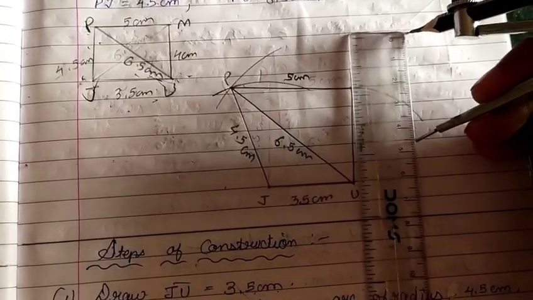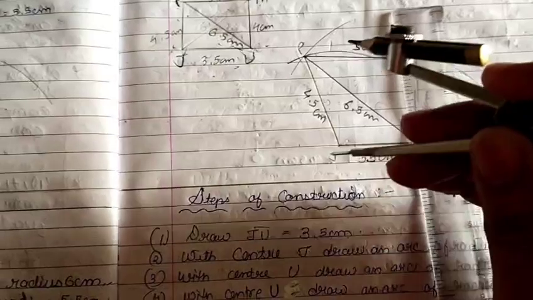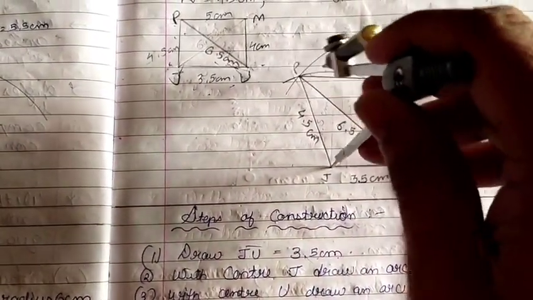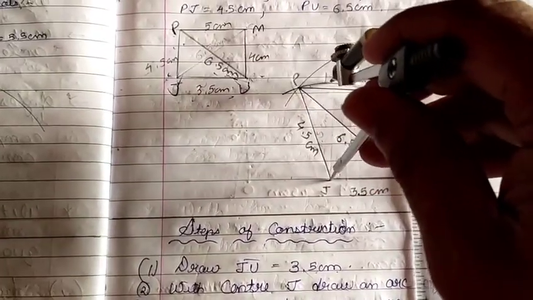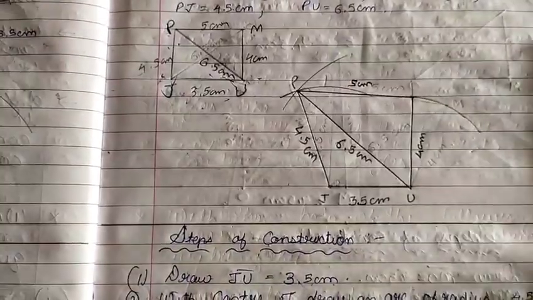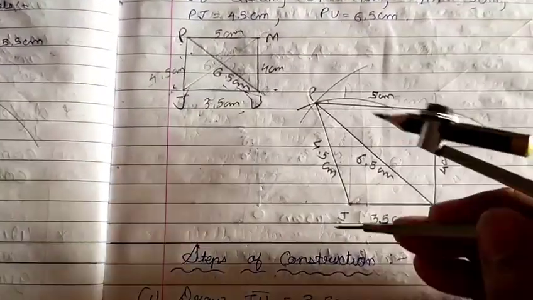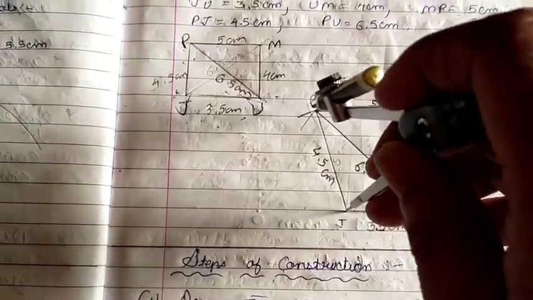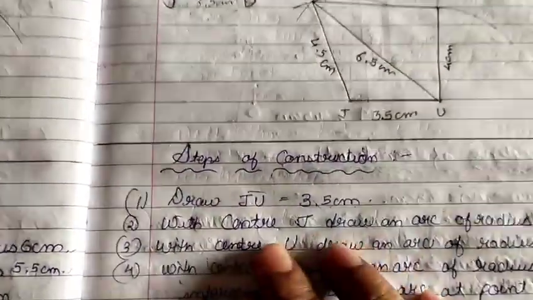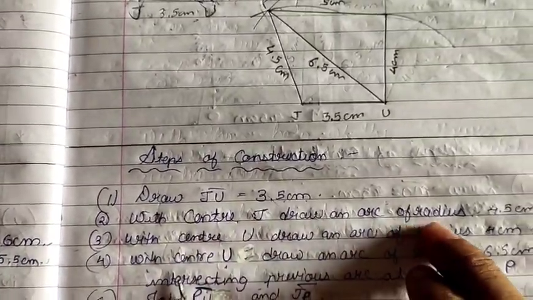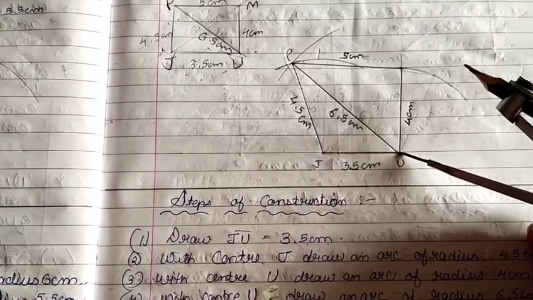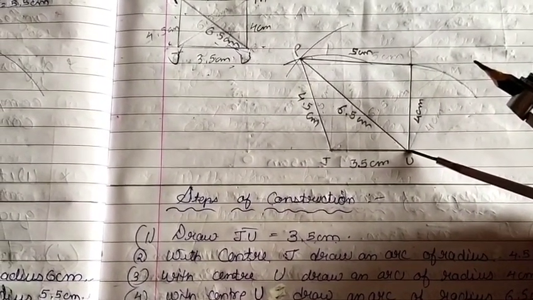Place it over here and adjust your compass in such a way, and place it on J and draw an arc of 4.5 centimeter. In the same way, write down a step: with center J, draw an arc of radius 4.5 centimeter.